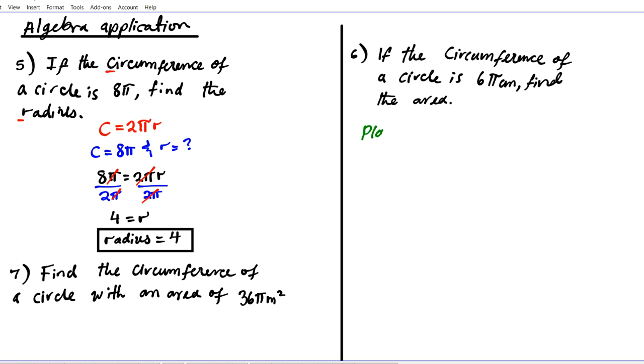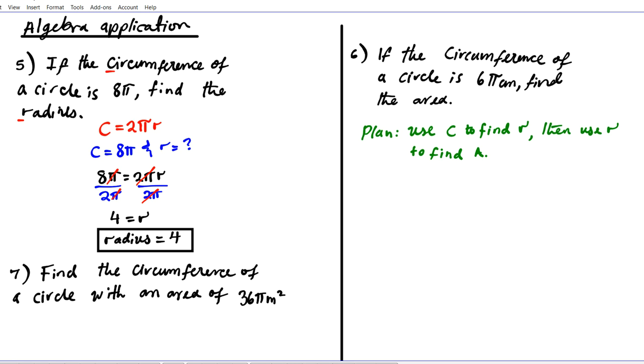So our plan is as follows. Use the circumference C to find r. All right, that's the first step. And then use r to find A. All right. Okay, so let's do it.